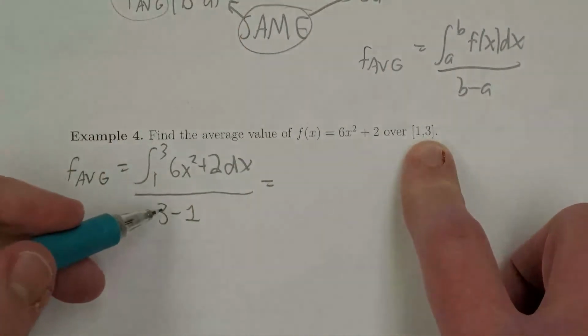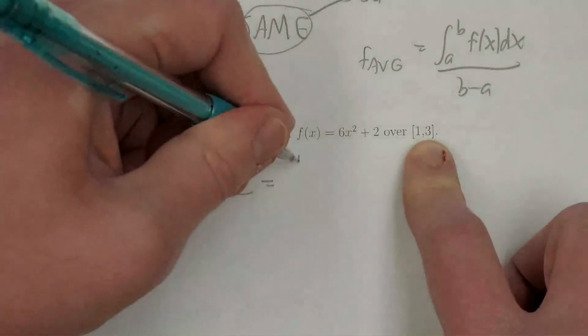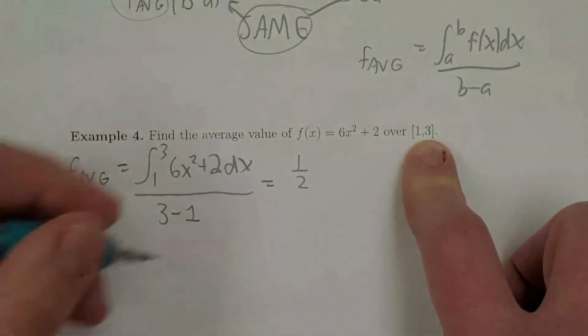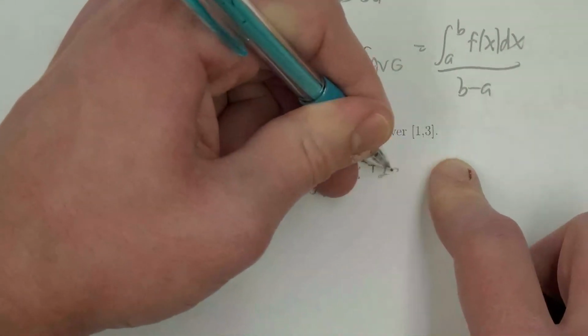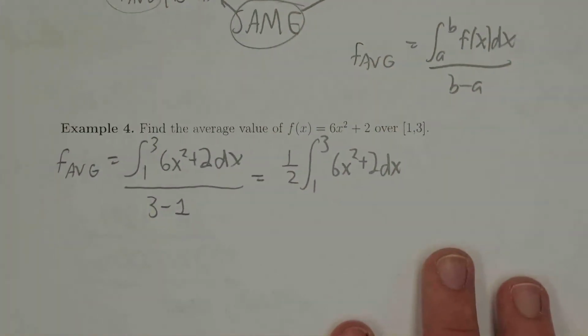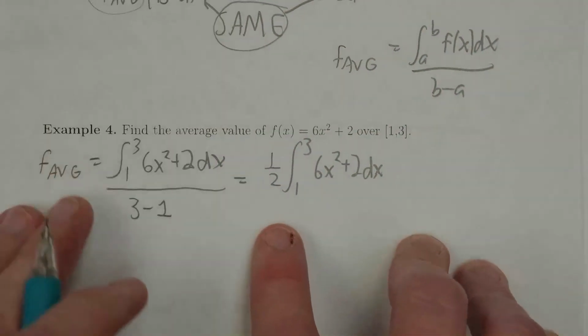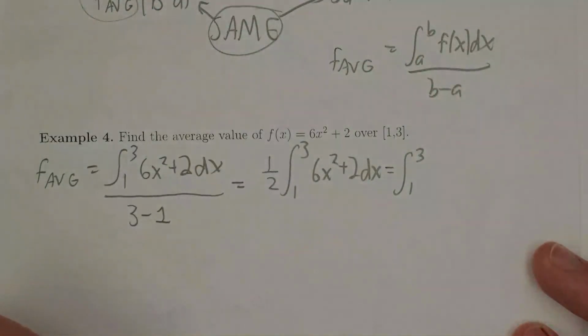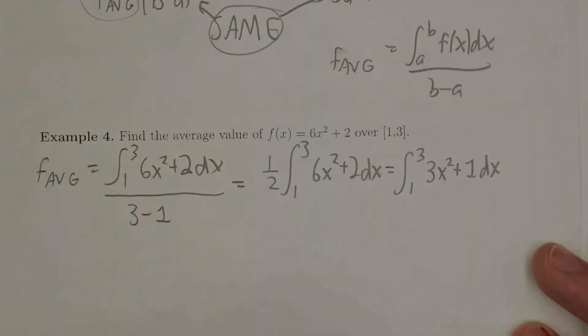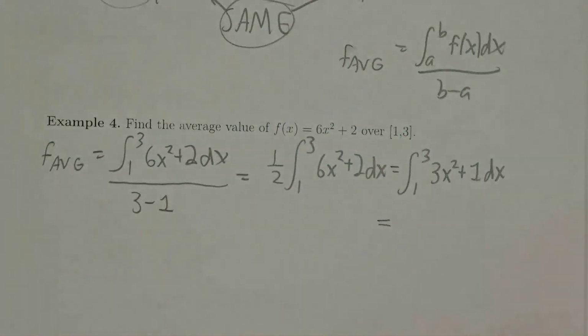So this can be rewritten as 1/2, because 3 minus 1 is 2, times the integral from 1 to 3 of 6x squared plus 2 dx. So then if we distribute the 1/2 into the integral, you should be able to pretty quickly see that this is just the integral from 1 to 3 of 3x squared plus 1 dx, which thankfully has a pretty nice antiderivative of what?